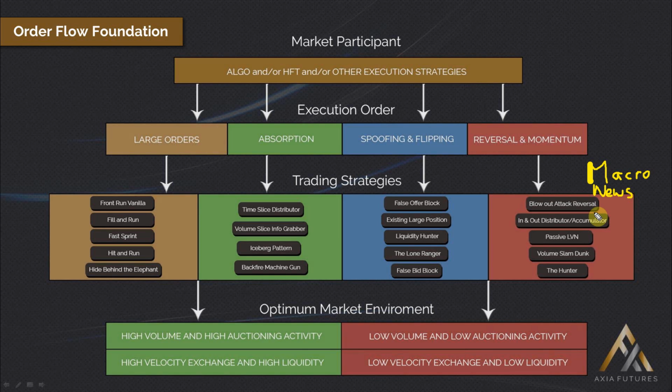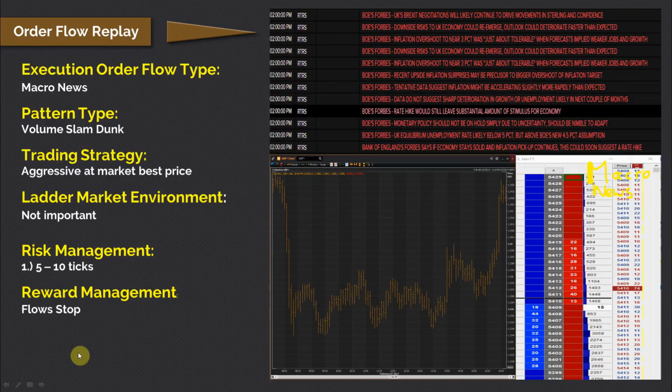So what we're going to be looking at in this instance is breaking news out of a central bank policy maker. In this instance, it's the Bank of England, and specifically BOE's Forbes, who's one of the voting members.